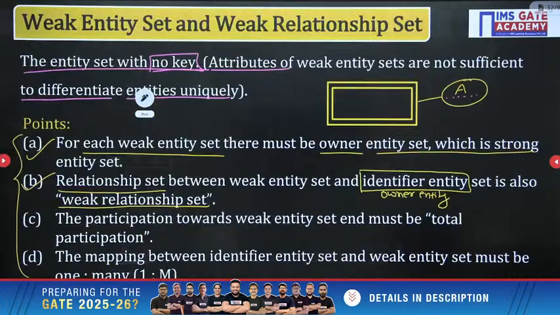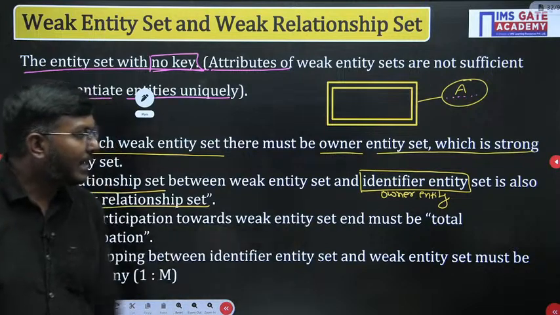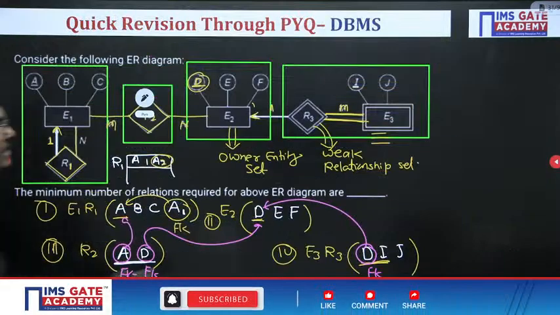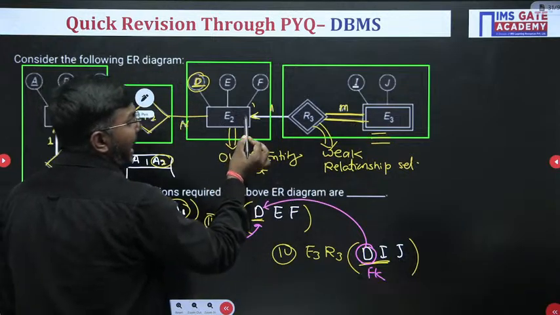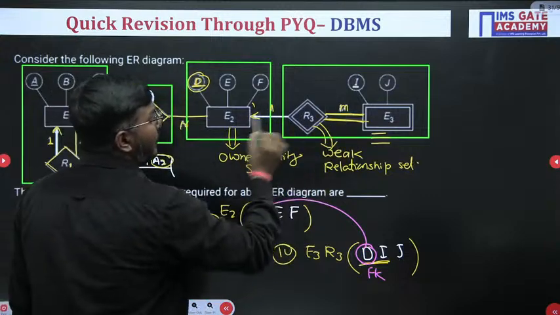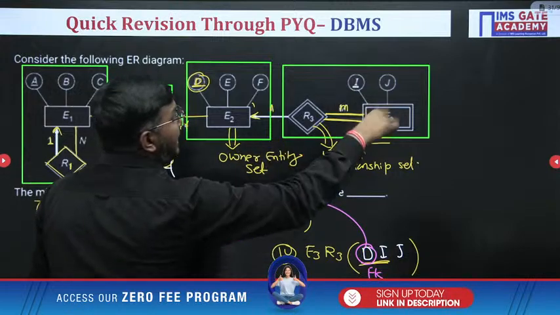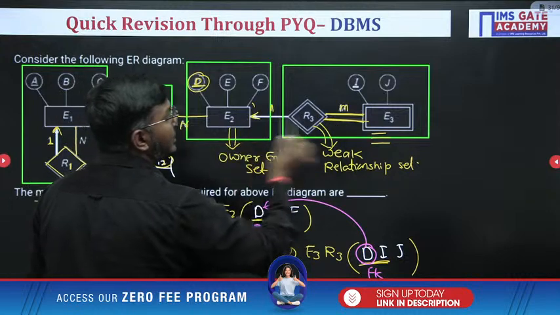Understood? Done now? So the third point is done, and the last point is that the mapping between the identifier entity set and the weak entity set must be one to many. Getting my point? The mapping between the identifier, or we can say owner entity set, and the weak entity set must be one to many. See here, if the mapping is 1 to 1, then there is no concept of a weak entity set. If the mapping is 1 to 1, this will behave like a strong relationship set.